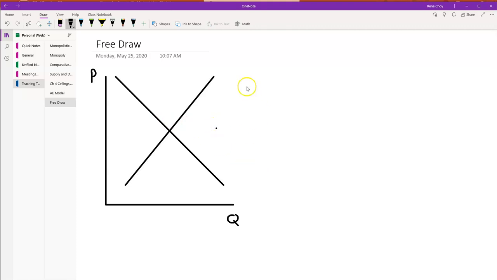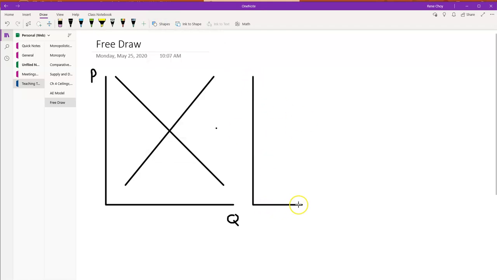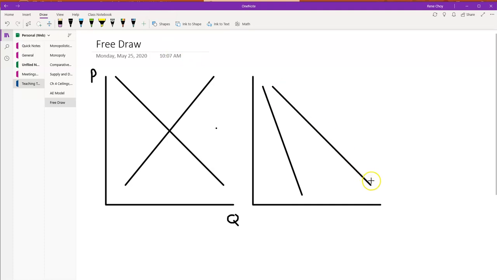Now, one of the things that we don't tell you when we're explaining the basic supply and demand model is that the lines don't have to look like that. They could be steeper, for example, in the case of the demand line, or they could be flatter, or they could be even more flat.